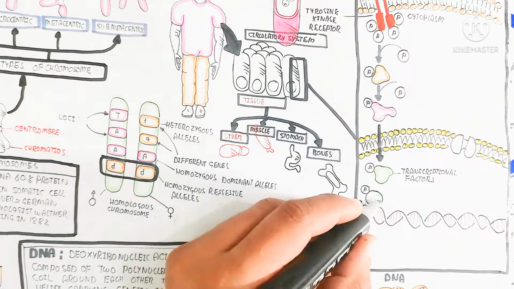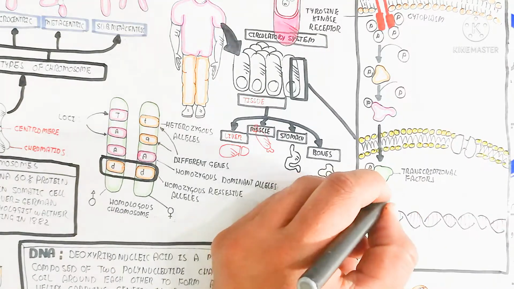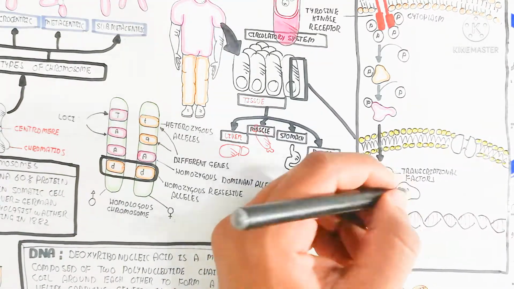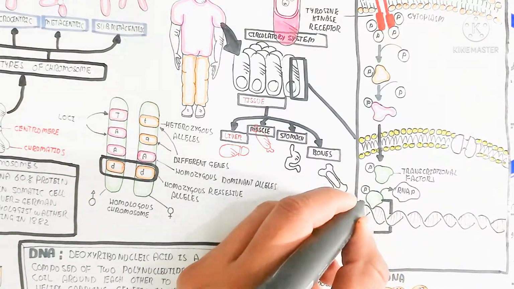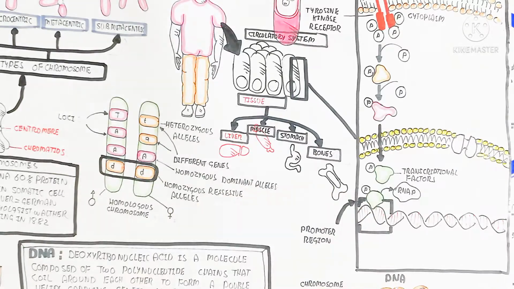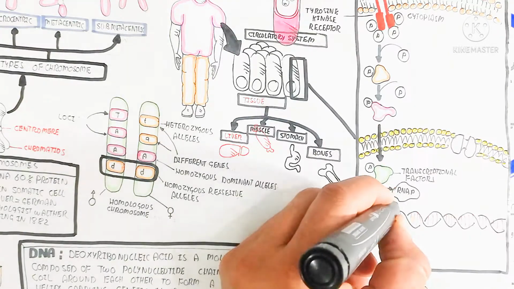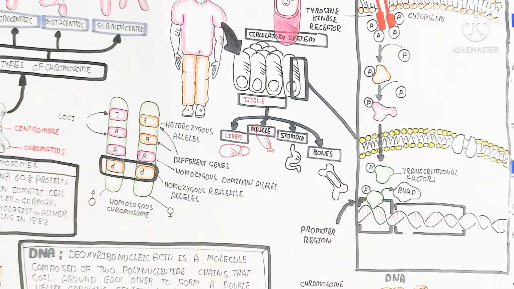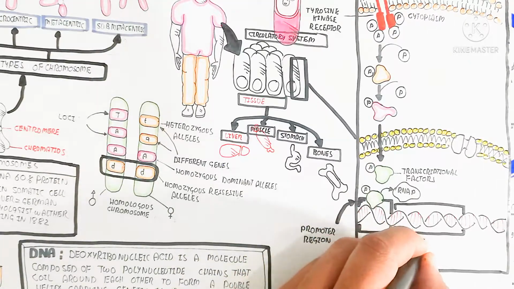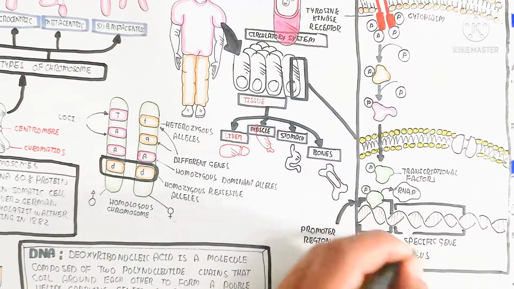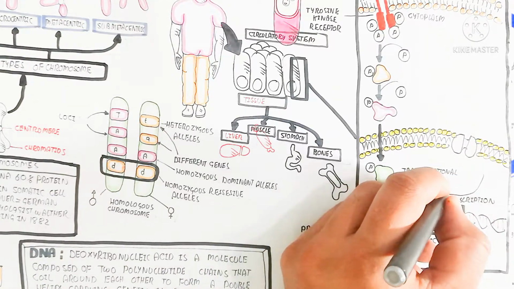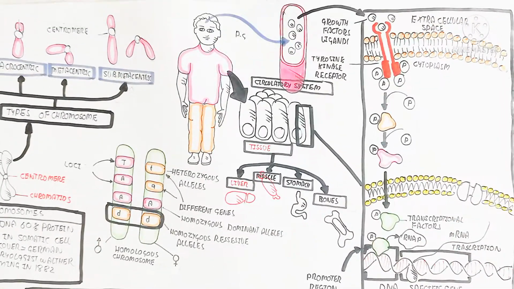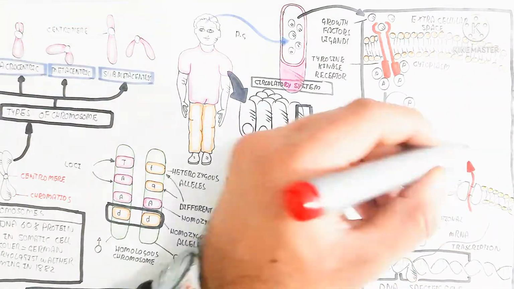Remember, after binding with the promoter region to express the specific gene, this promoter region will be activated due to the transcriptional factor, and in this way RNA production will occur. The promoter region produces the RNA through transcription, and the polymerase enzyme is used for it.